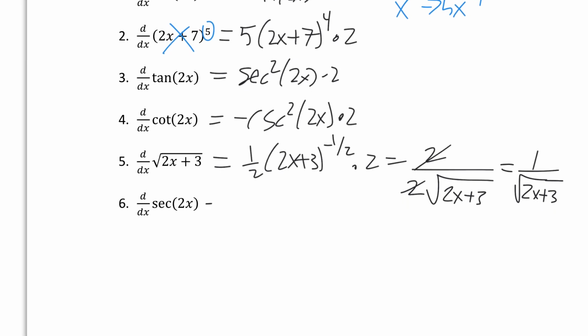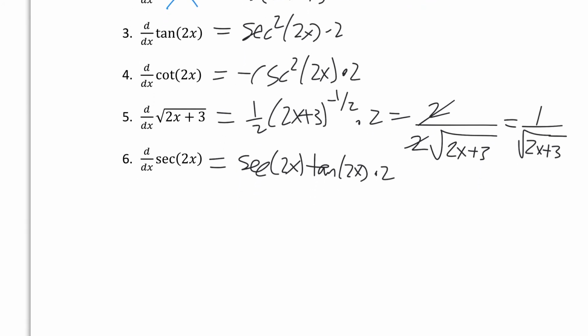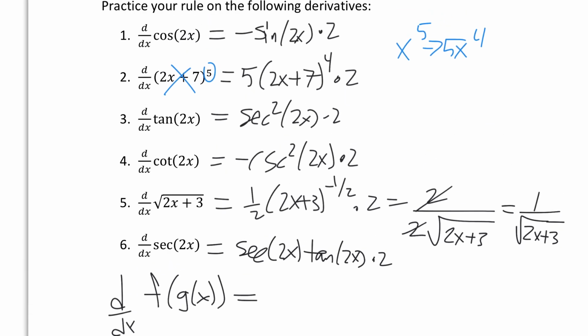Now one more question here. Secant will be secant 2x tan 2x times 2. So the rule that's going on here, just to help clarify for you, is that if you have two functions, f of g of x, and you're trying to do the derivative, well, it appears like, and you can see very clearly on, for example, the function at the very top, cos 2x, it appears like you take the derivative of cos, which is negative sine.